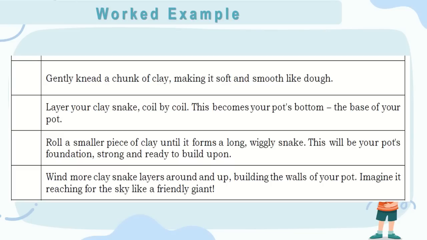Roll a smaller piece of clay until it forms a long, wiggly snake. This will be your pot's foundation, strong and ready to build upon. Wind more clay snake layers around and up. Building the walls of your pot, imagine it reaching for the sky like a friendly giant.